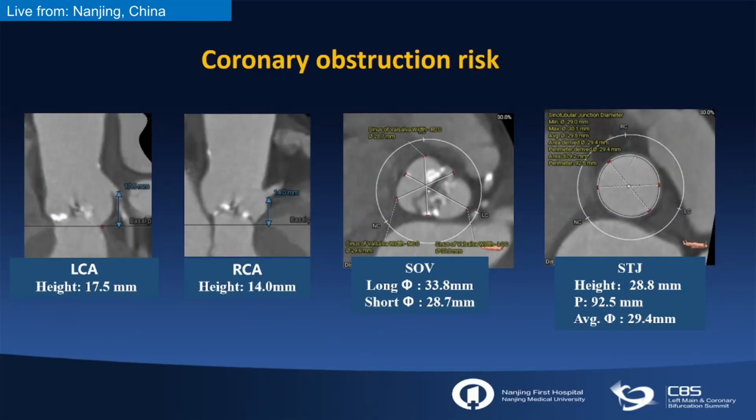In terms of the coronary obstruction risk, the left coronary artery height is 17 millimeters. Right coronary artery height is 40 millimeters. The sinus of Valsalva is quite large, more than 30. So I think it's a low risk for coronary obstruction during the TAVI procedure.